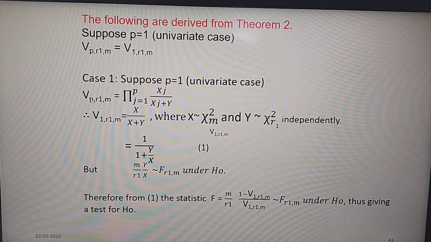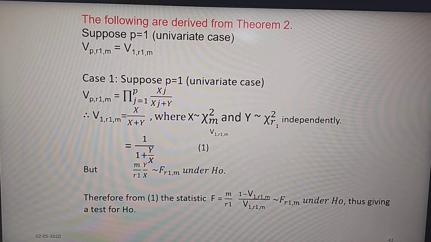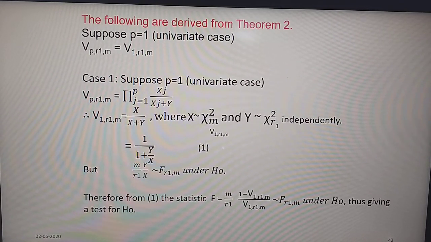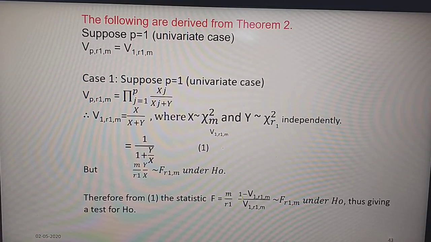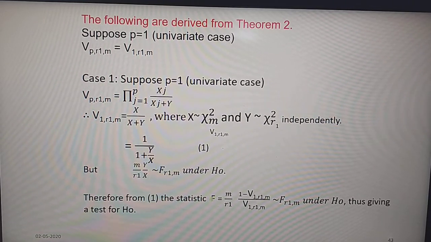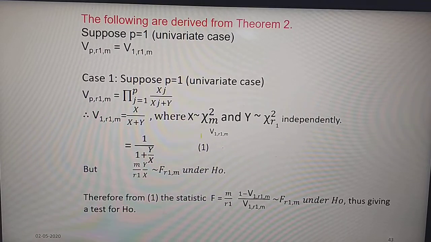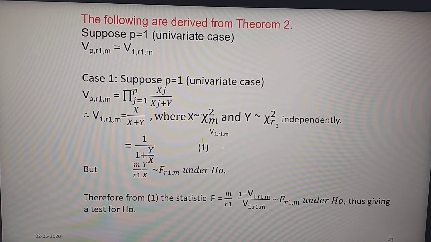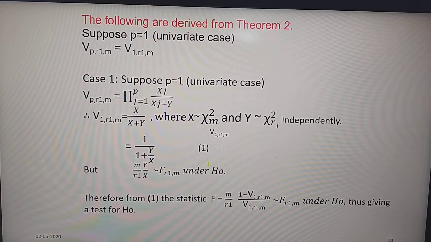Instead of V(p, r1, m) we write V(1, r1, m), and we found the distribution of F is equal to (m/r1) times (1 minus V(1, r1, m))/V(1, r1, m). Actually, this is the ratio of chi-square variates. So by definition of F, you recall the definition of the F distribution is the ratio of two chi-square variates.